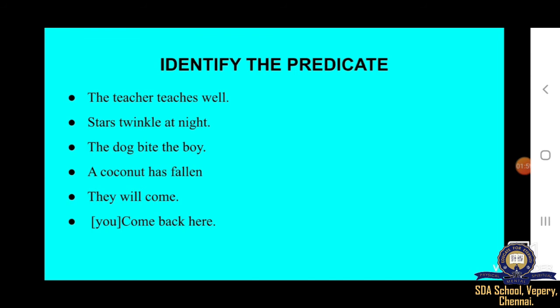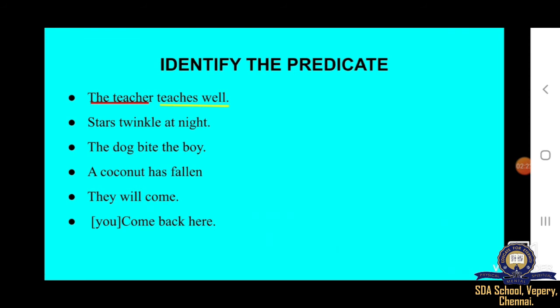The first sentence, the teacher teaches well. So here, what is the subject? Yes, the teacher is the subject and the remaining part is called predicate. So here, teaches well is the predicate.